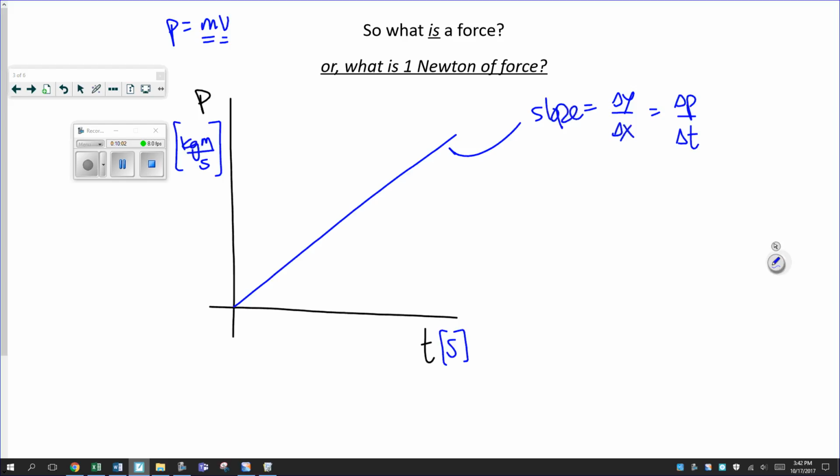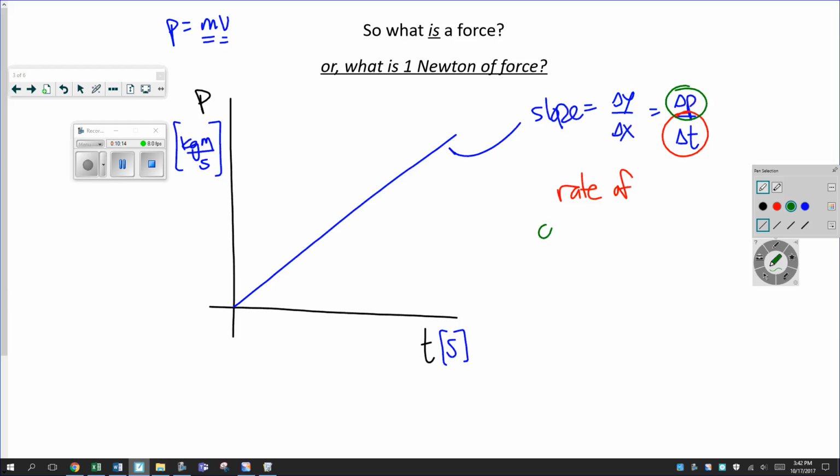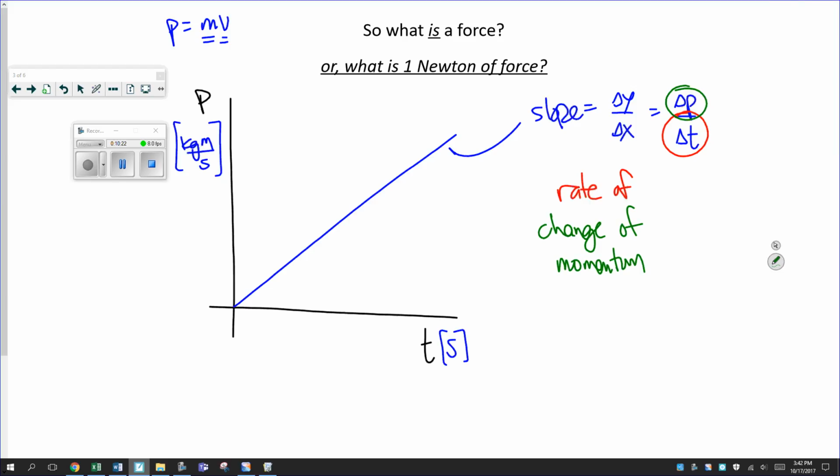Anytime I see per unit time, to me that means rate of, and the top is change of momentum. So the slope is the rate of change of momentum.